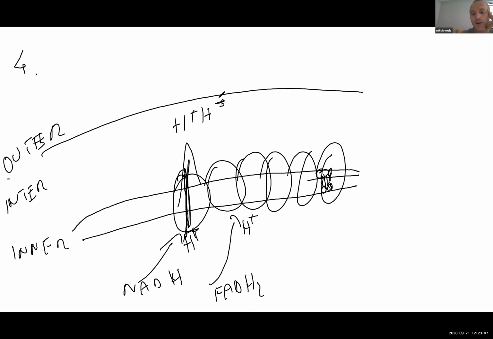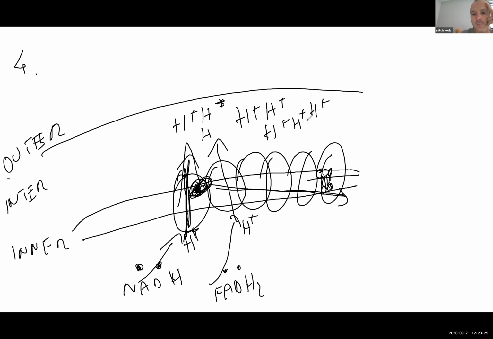With the help of what? With the help of these electrons. Remember, these electrons are going to start moving this way. Both of them have electrons that have energy. This hydrogen is also moved this way. So we get a really high gradient of hydrogen ions in here.